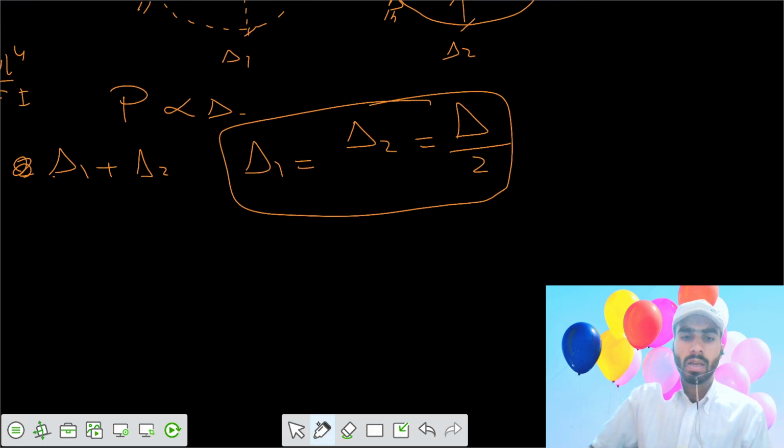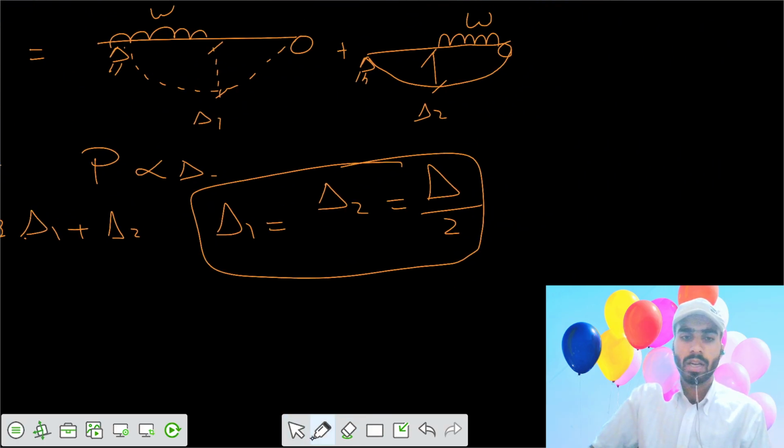So the deflection value here is 1 by 2 of 5 by 384 omega L to the power 4 by EI.